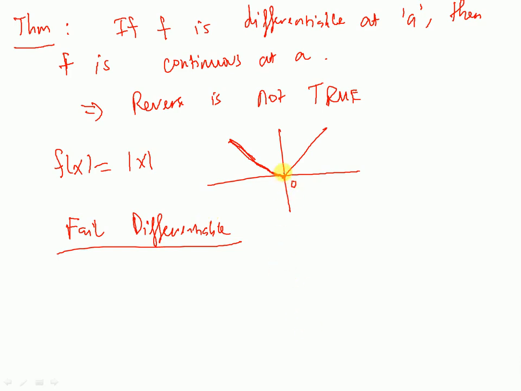So you see here we have a corner. That means we go this way and then we go up. If we have a sharp corner like this one, then at this corner we don't have the derivative, or it is not differentiable.